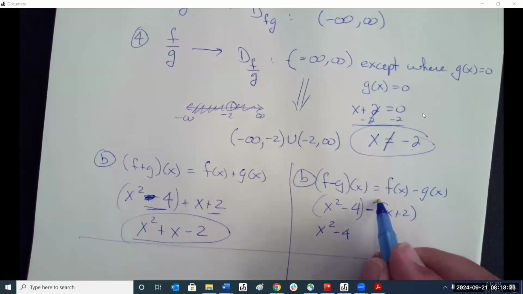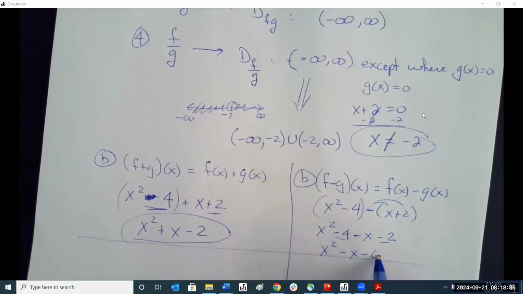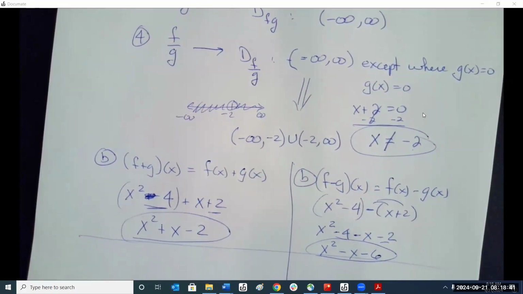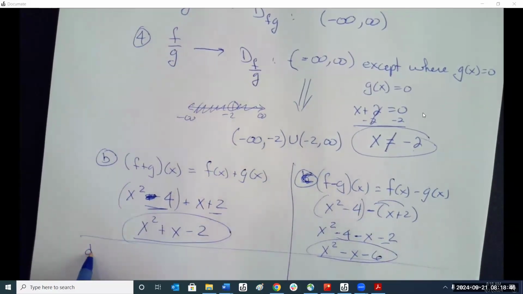And this other one, I distribute through there. So I have x squared minus x. Negative 4, negative 2 is negative 6. There's that answer. No, that's C, I'm sorry. Then comes D.